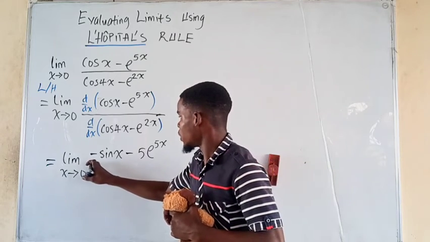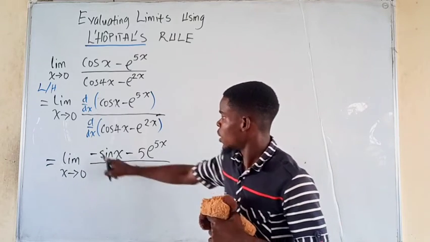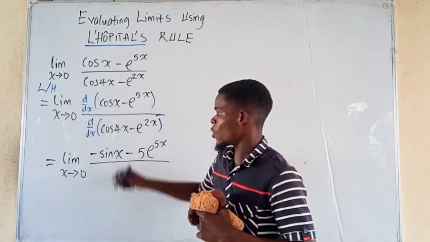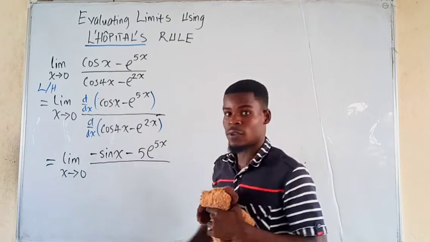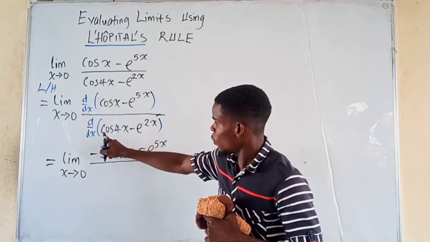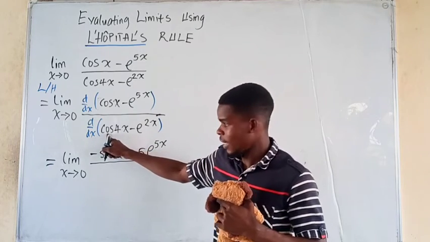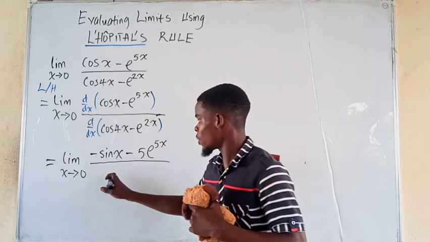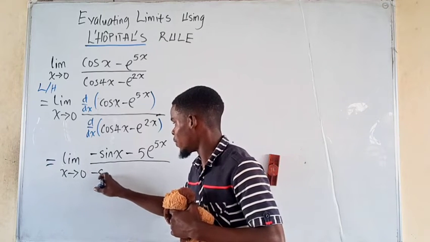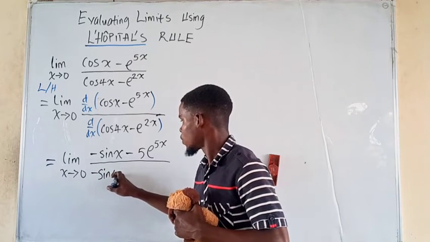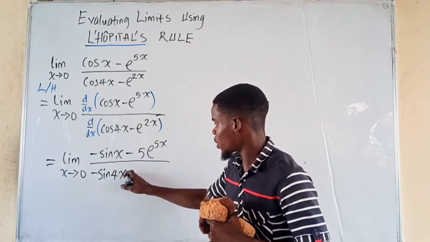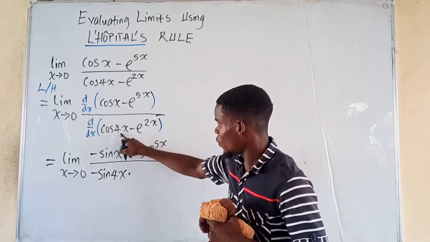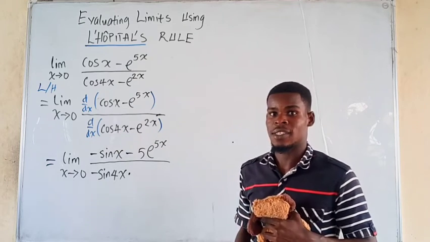Good. And then we say that divided by the derivative with respect to x of cosine of 4x. This is also a function of a function. The derivative of cosine of something with respect to x will give us negative sine of that, which is 4x. We are not done yet. We multiply it with the derivative of the inside. The derivative of 4x is just 4.